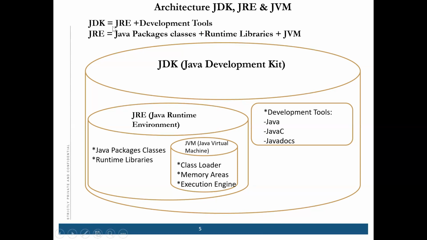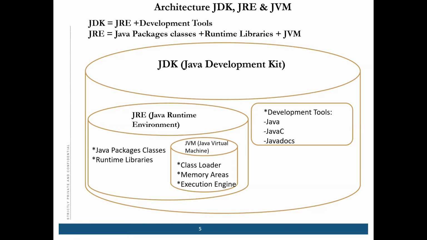So JDK is the combination of JRE and development tools. JRE is the combination of packages, classes, runtime libraries, and JVM. This is a little bit of explanation of how JDK looks. So this is the Java Development Kit.